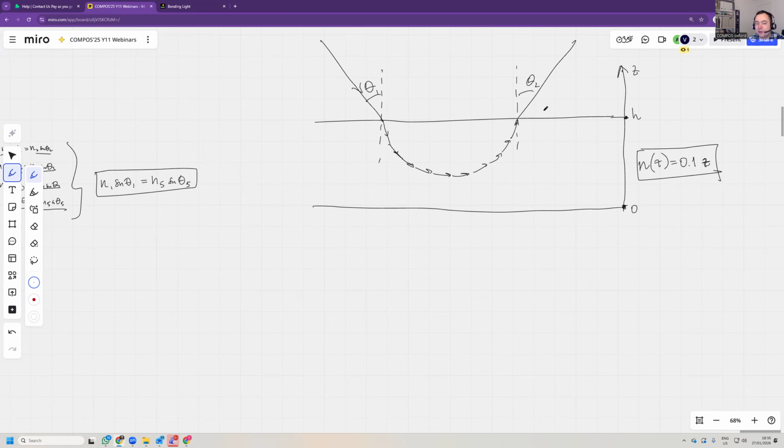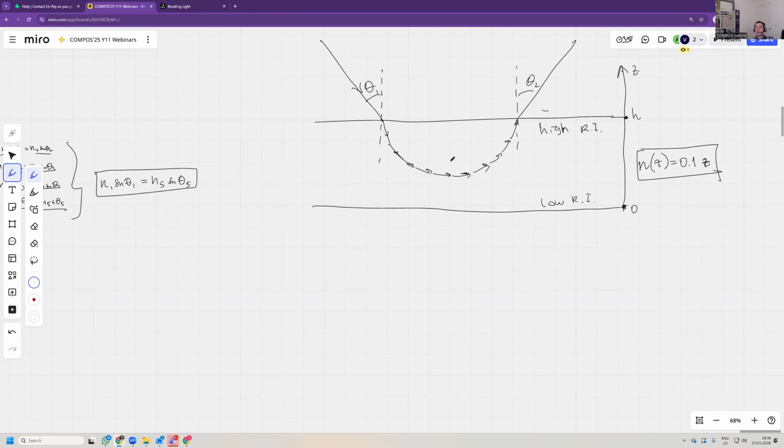So you come in, you bend, because this is a high refractive index and this is a low refractive index. It will refract away from the normal every time, and then it won't follow a curved path. So light can follow a curved path in special circumstances.